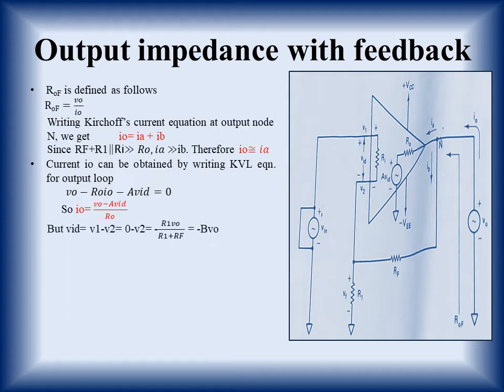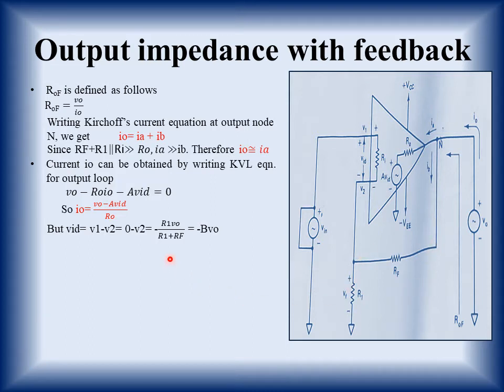Now again we need VID in the I naught equation. What is VID? From the diagram you can see that V1 is 0, because we have already shorted VIN. And V2, what is V2? V2 is the feedback voltage, which we have already calculated.